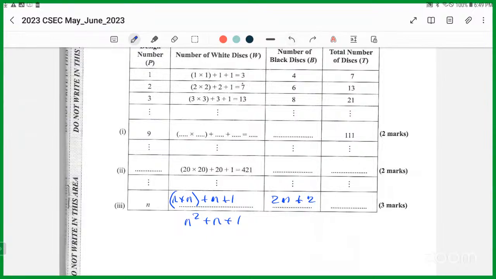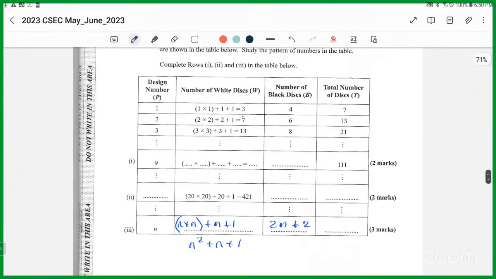And over here now, these are not increasing by any constant value. Here the increase is 6, and here the increase is 7, 8. So it's changing, so we're not going to use a formula. But this is the total number of discs. So this is the number of white and the number of black. To get the total, we can add up these 2.